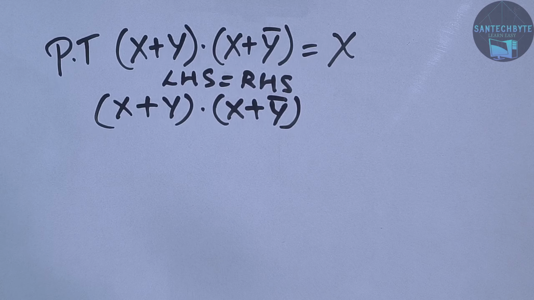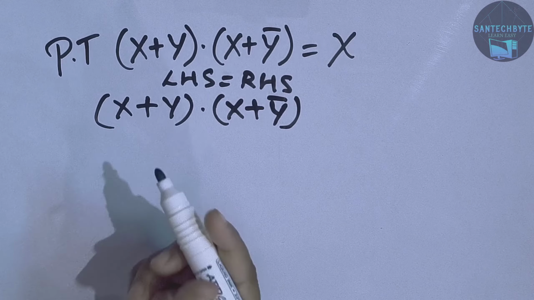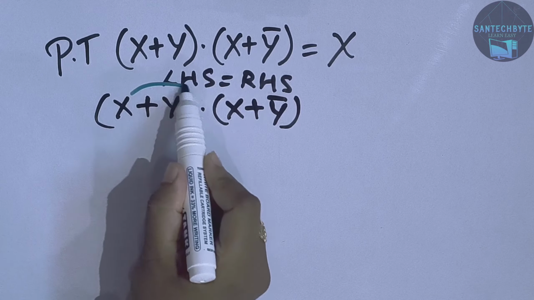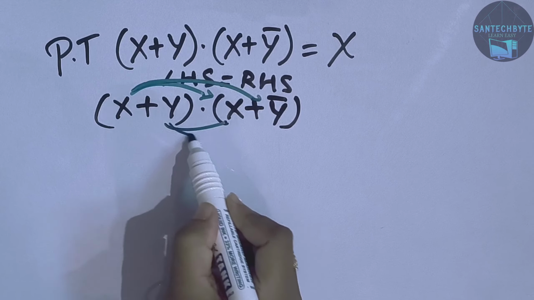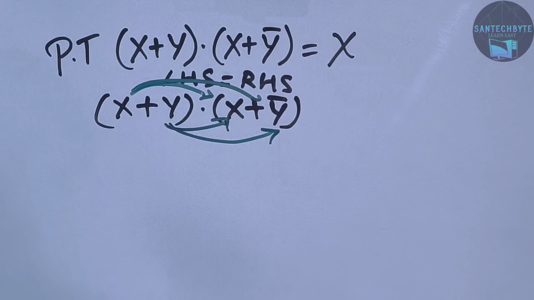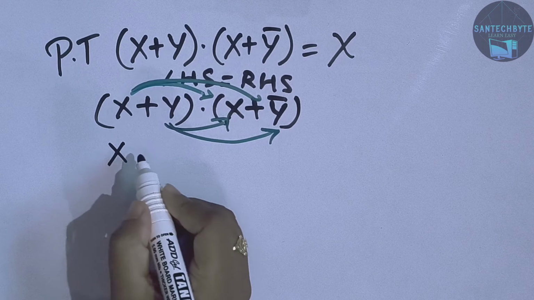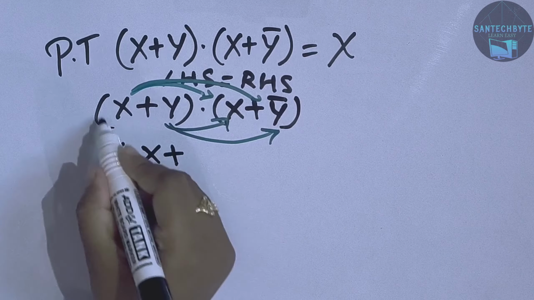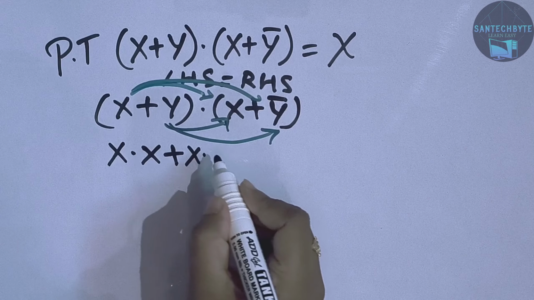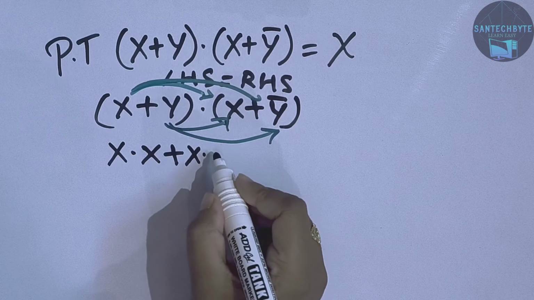Now you are going to multiply the terms from one bracket to another bracket. First let me multiply the first term X and X, or X with the second term of the next bracket.